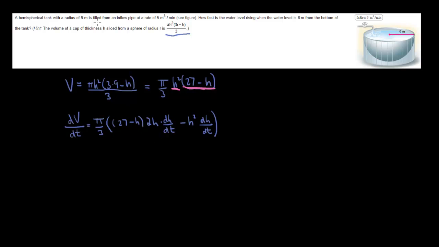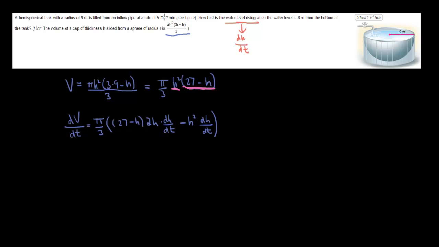Okay, so there's my derivative. Now, what am I actually solving for here? I'm asked to find how fast the water level is rising. H is the height of the water. So, how fast is it rising? That's dh dt. So we need dh dt, the water level rising, that is dh over dt.